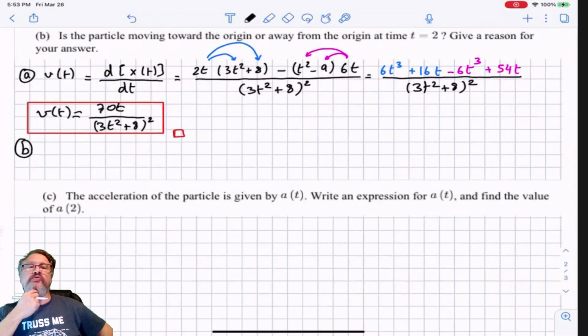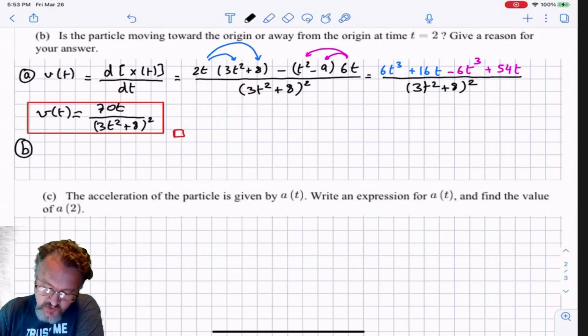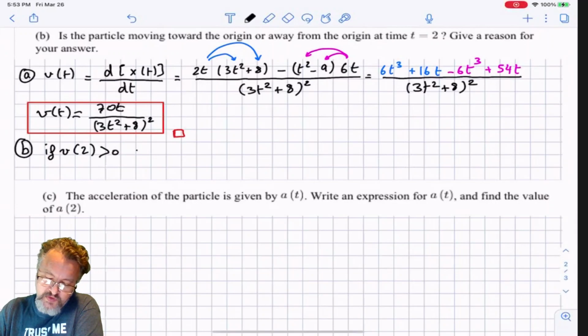Is the particle moving toward the origin or away from the origin at time t equal to 2? Give a reason. So I'm going to start by giving the reason. If v at 2 is greater than 0, that means that the particle moves to the right.